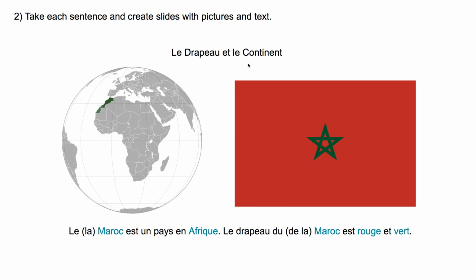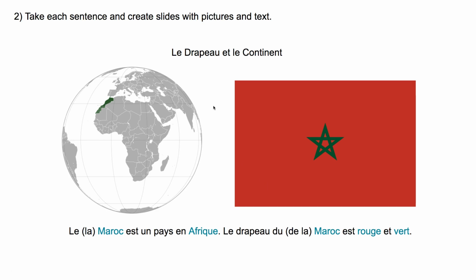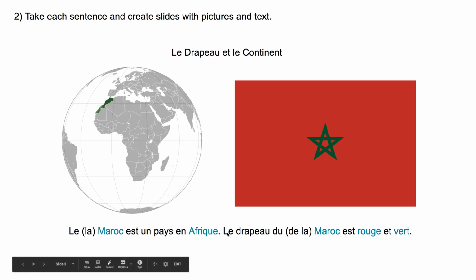So number 2, you're going to take each sentence that you wrote in your paragraph and you're going to find pictures for each of those sentences. So make a slide for each topic, write the topic or the title at the top, and find pictures on Google to go with your sentence, and write your sentence at the bottom or at the top.